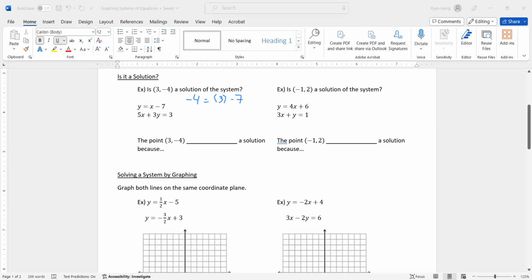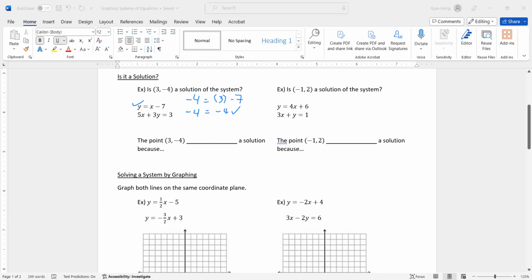The left side there is -4. 3 minus 7 is -4, so it works for the first one. That's good. Now what that means is that point, (3, -4), is actually on the line y equals x minus 7. So if I would graph that, this line would go through (3, -4).